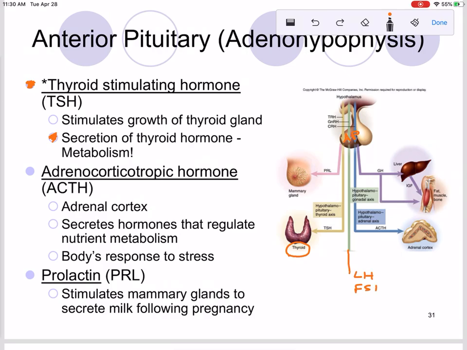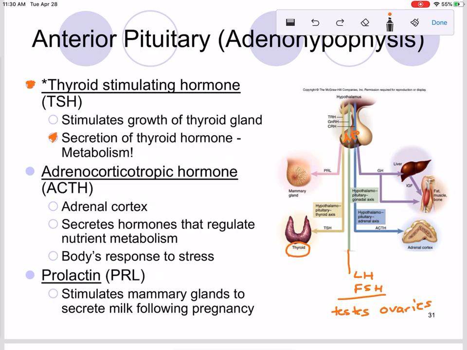Look at the far-reaching effects of the anterior pituitary gland. And even though it's cut off here, we can't forget that luteinizing hormone and follicle stimulating hormone went to the ovaries and testes.